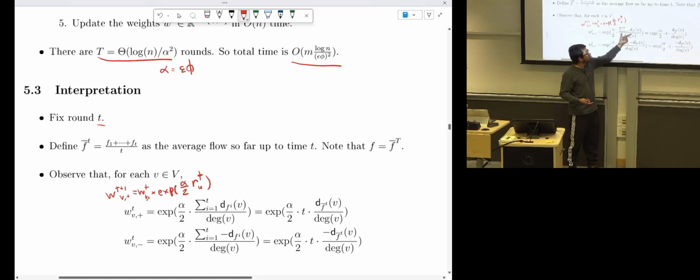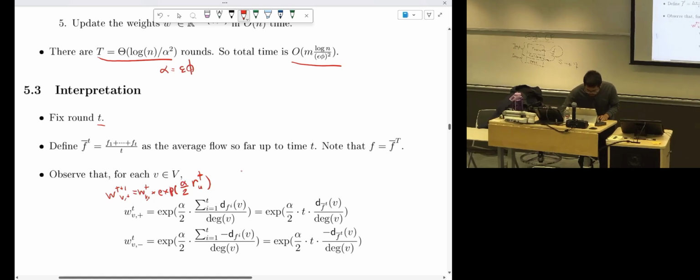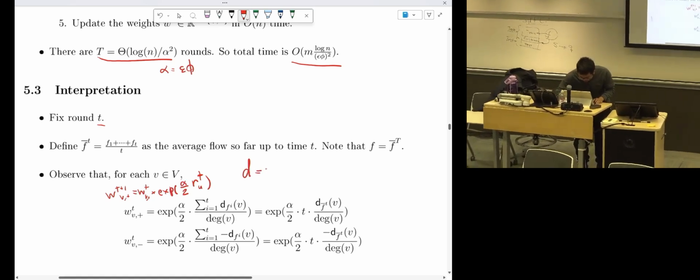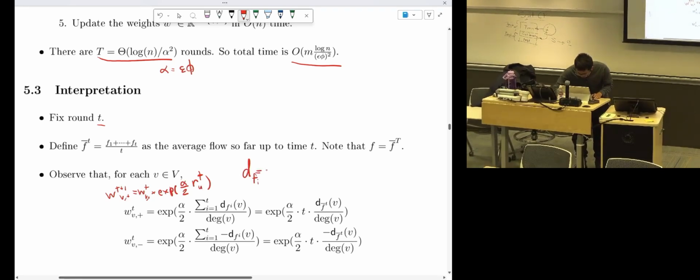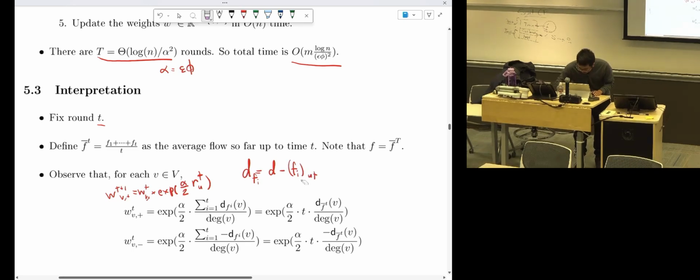Okay. But if you look at this thing, what is this? Each d is just df_i, which is d minus f_i out. Actually, yeah, right. f_i out, right?